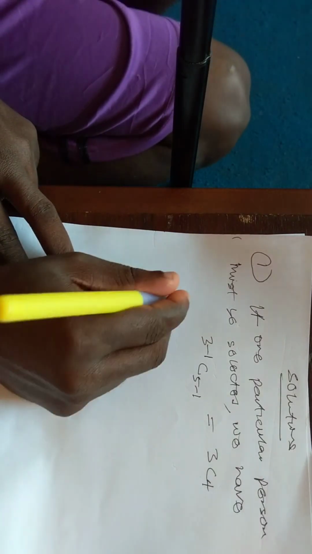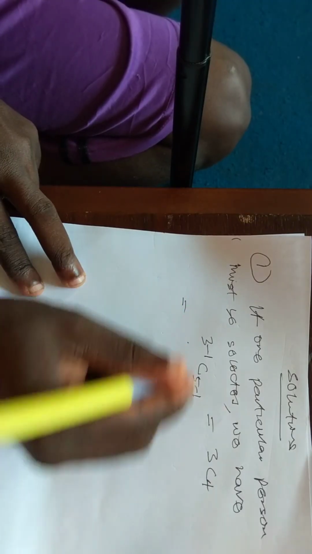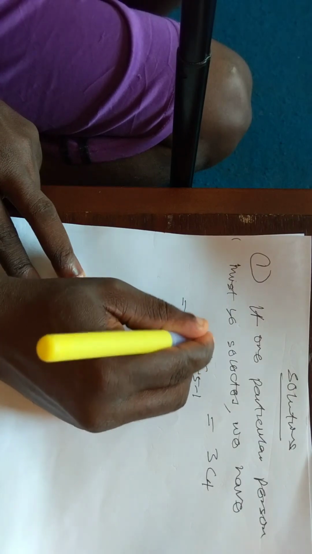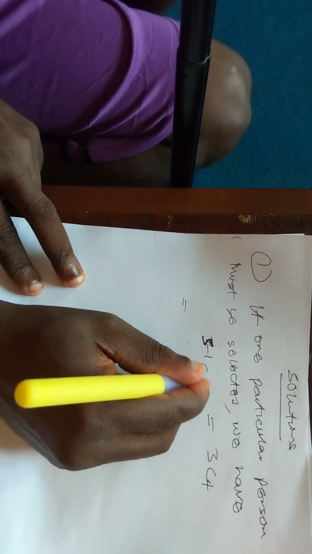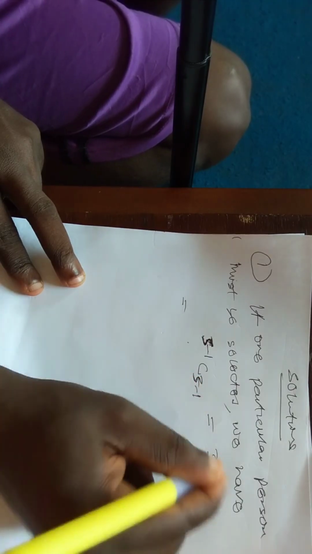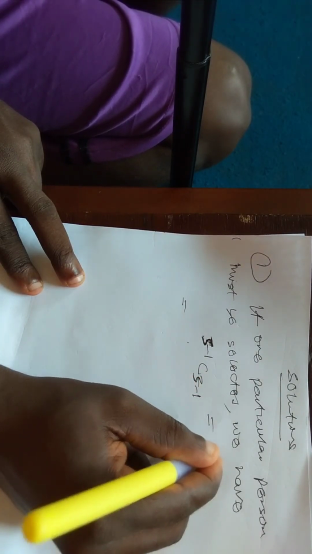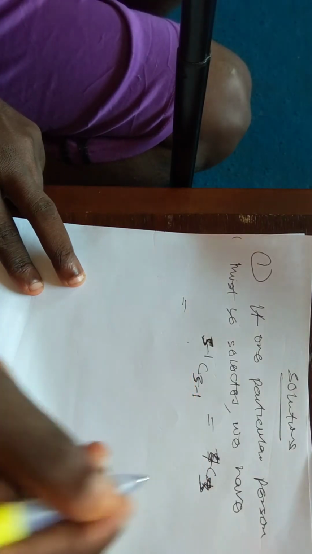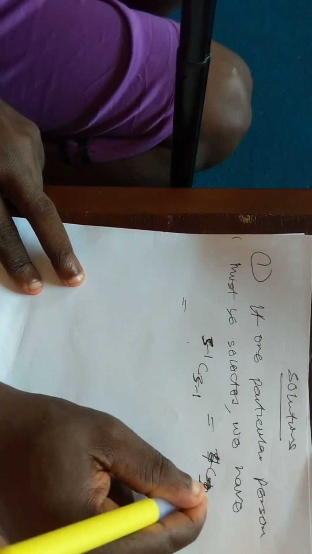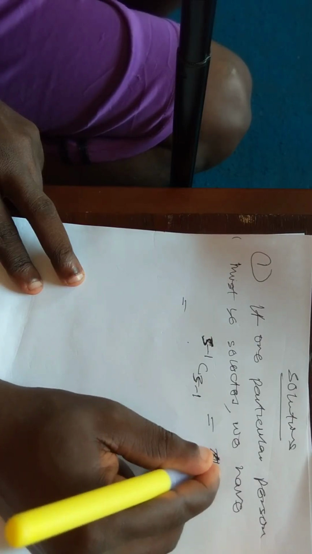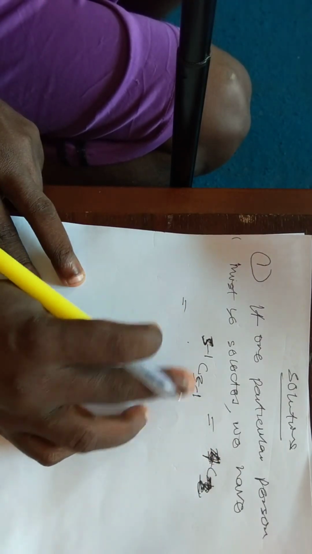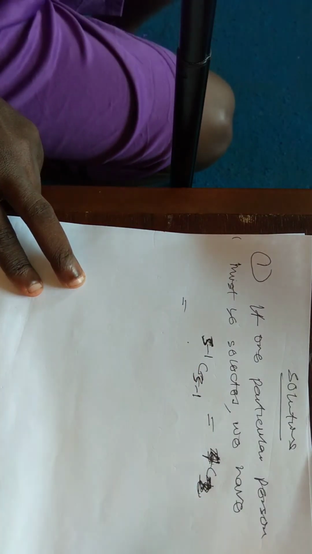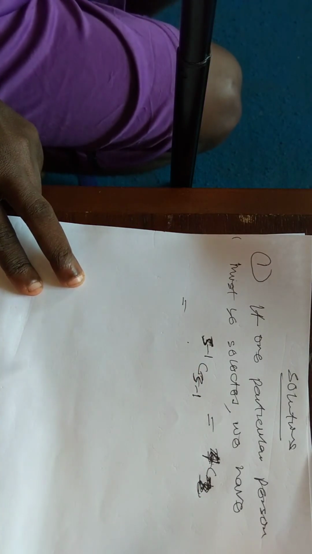Here we have 5 minus 1 combination 3 minus 1, so we have 4 combination 2.